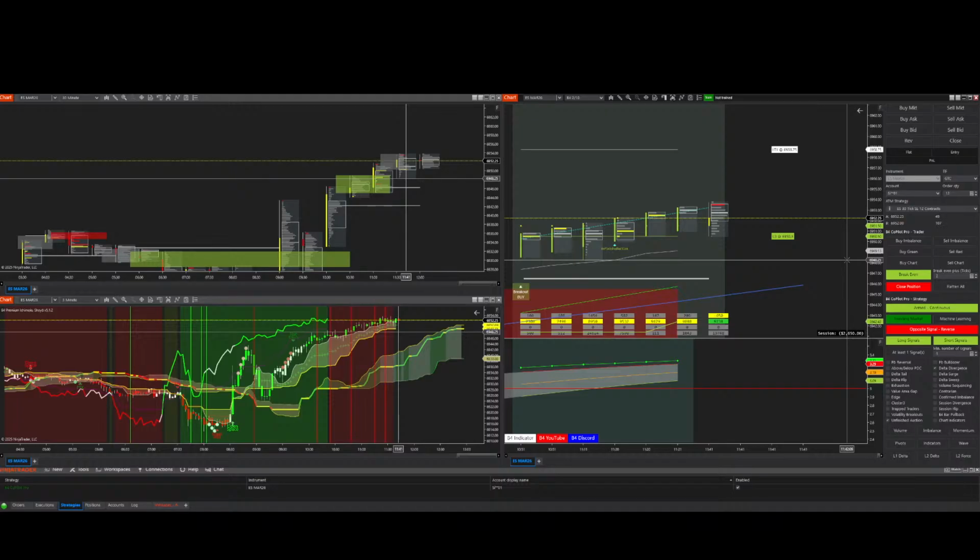I'm interested in the volume at price, not really the volume at time. Volume at time doesn't mean as much to me. I do use time, but when I'm looking at volume, it's more volume at what price levels. So my main focus is volume at price when I'm looking at this.